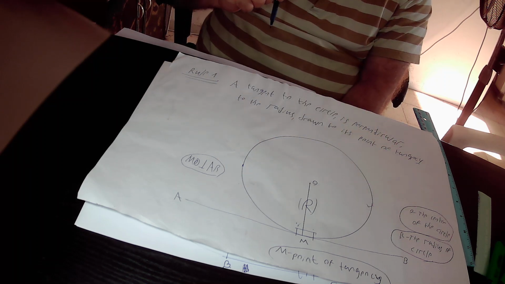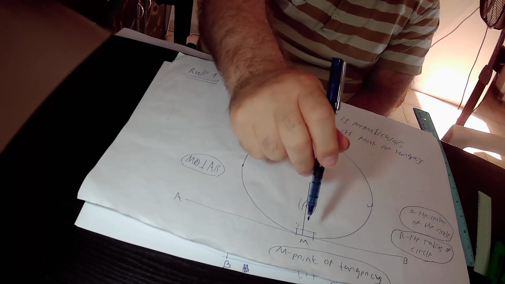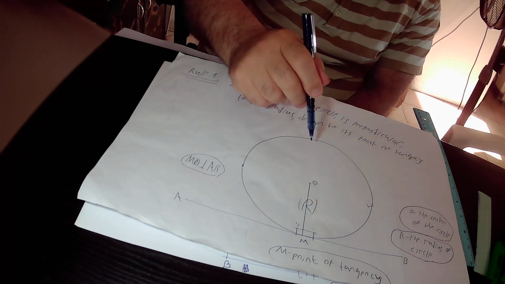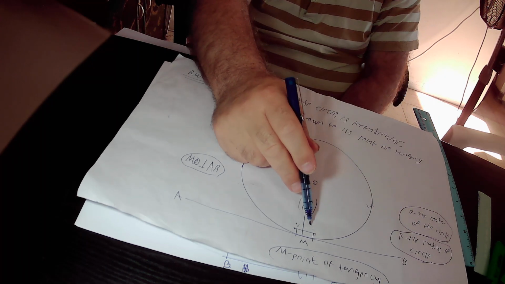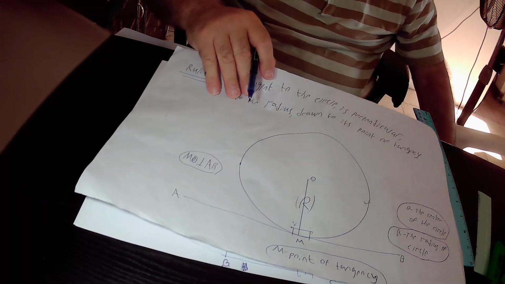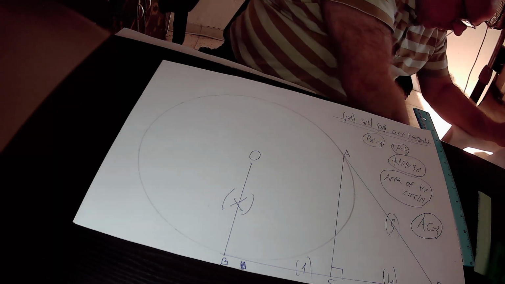And whenever you have a radius that is drawn to the point of tangency, then tangent AB will be perpendicular to the radius MO. If AB is perpendicular to MO, it means that this angle equals 90 degrees, and this angle also equals 90 degrees according to rule 1. So we can actually implement rule 1 in our drawing. Why?